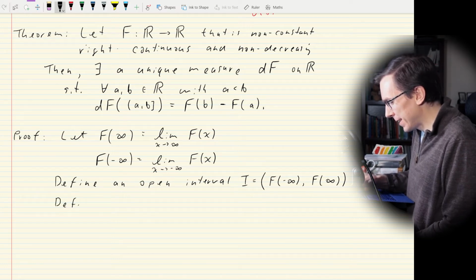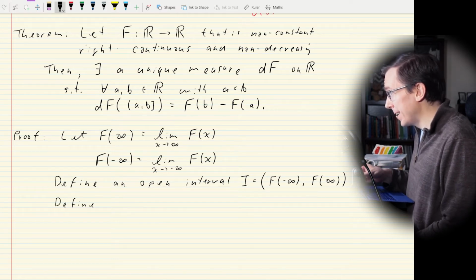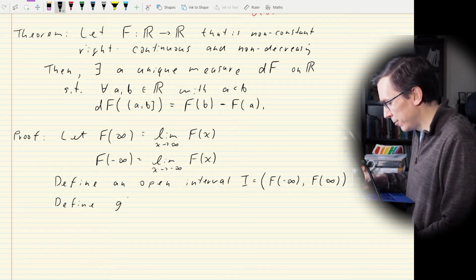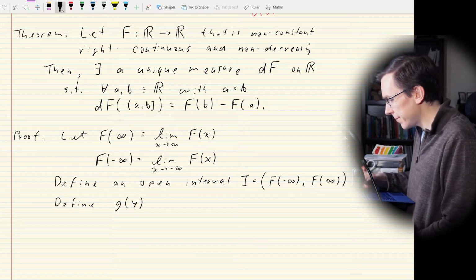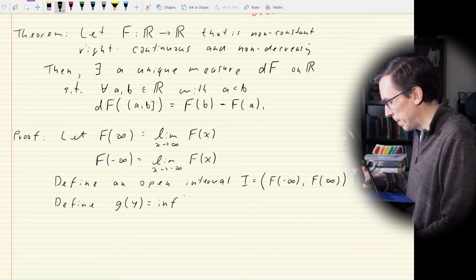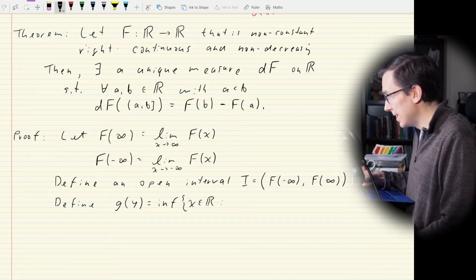Anyway, we need to define something else. We're going to define function g of y. Function g of y is the inf over x in the reals such that y is less than or equal to big F of x.